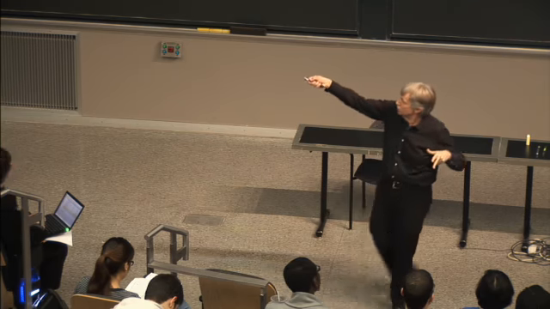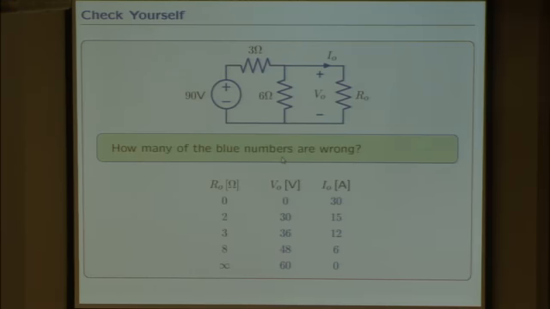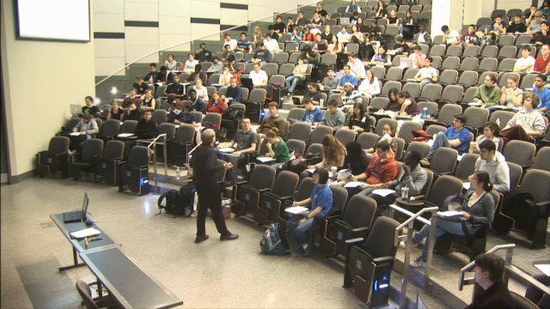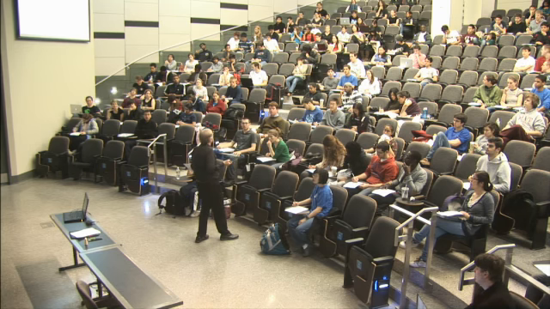If you show that R equals V over I, are you done? What else has to be true in order for the numbers to be true? Not very hard.